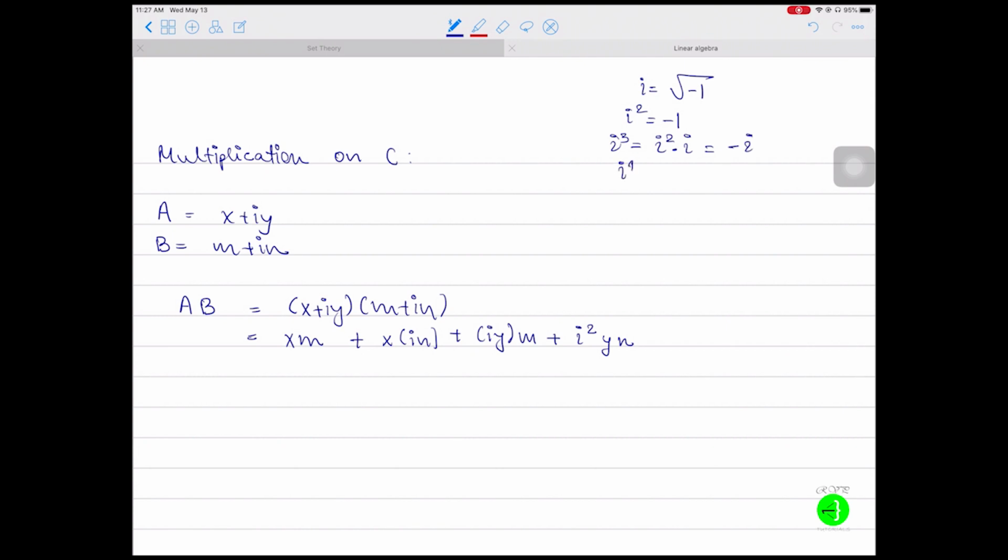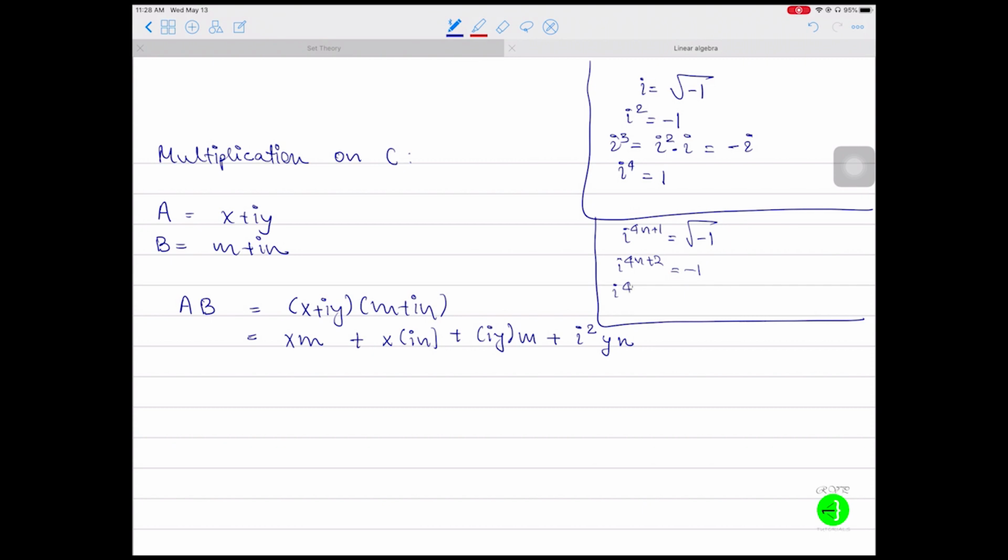To generalize this, we can write iota to the 4n plus 1 would be iota, iota to the 4n plus 2 would be -1, iota to the 4n plus 3 would be negative iota, and iota to the 4n would be 1, where n belongs to the set of natural numbers.